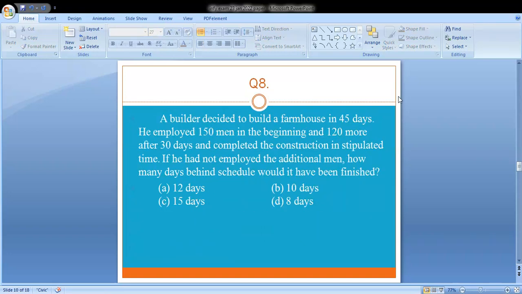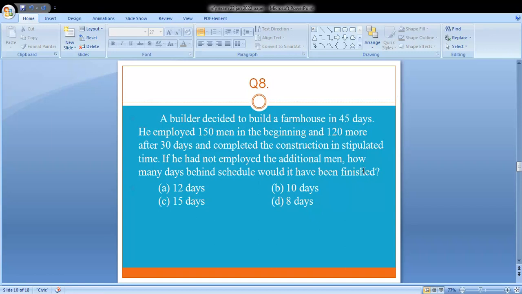Just read the question. A builder decided to build a farmhouse in 45 days.